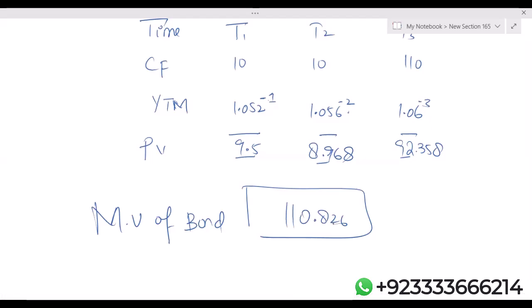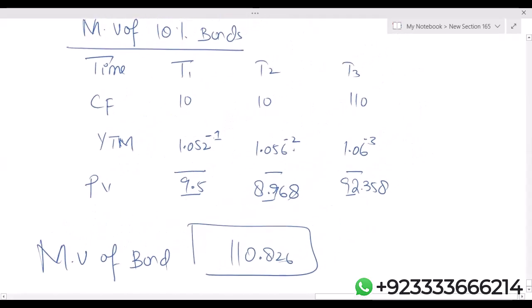Obviously, everything will be the same like this. Now we cannot simply apply the shortcut NPV formula. Why is the shortcut NPV formula not possible over here? Because the YTM is changing every year. Is this clear to everyone that you cannot directly apply NPV the same way? You have to solve it on the spreadsheet as 10 multiplied by 1.05 to the power minus 1, then power minus 2, power minus 3.